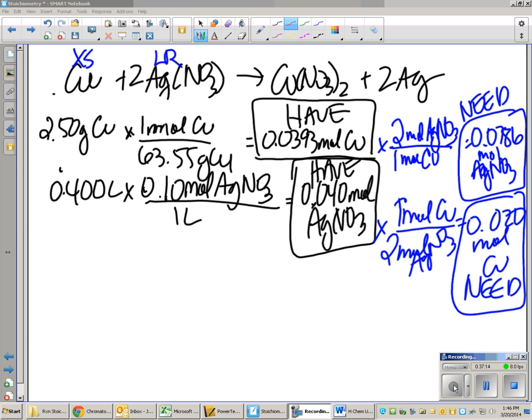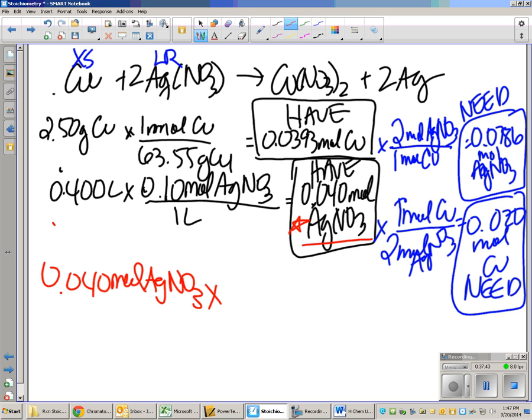The whole reason you did this is so you know who your LR is, and so you know what to start with for the rest of it. What did I tell you to start with? Your half of your LR, right? What do you have of your LR? It's the silver nitrate, right? So now you're starting off with 0.040 moles of silver nitrate.